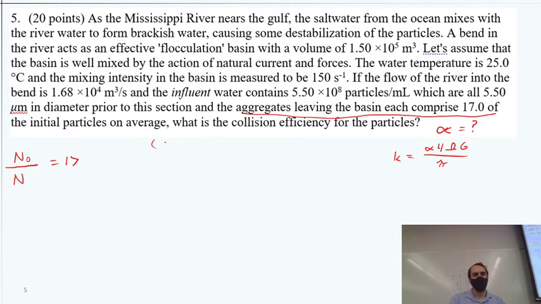So basically the information, we've got a flow, we assumed it's well mixed, we're dealing with a CSTR here.